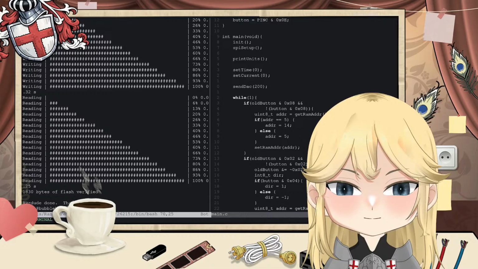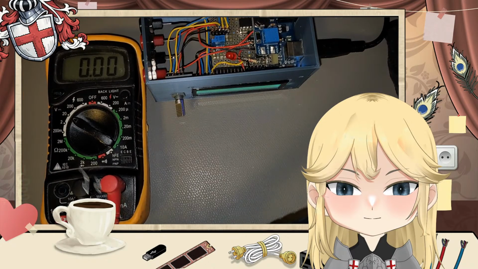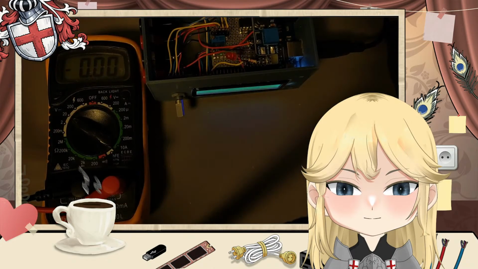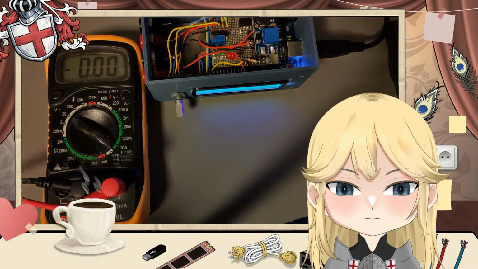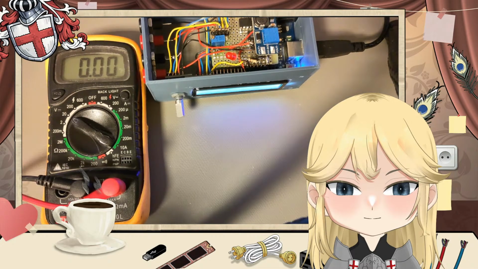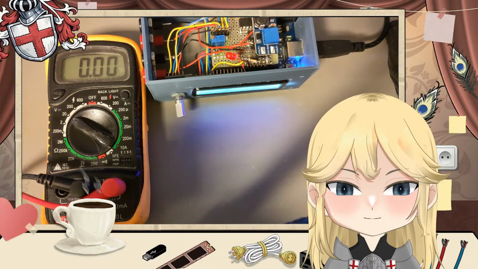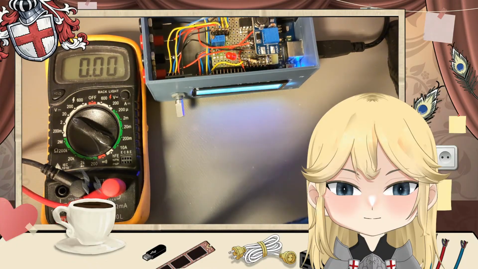And we can see, that seems too dark. Can I unlock this? There we go. Okay.